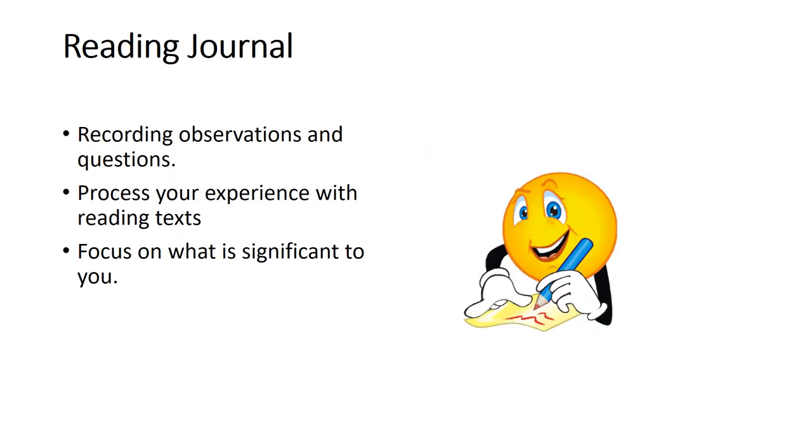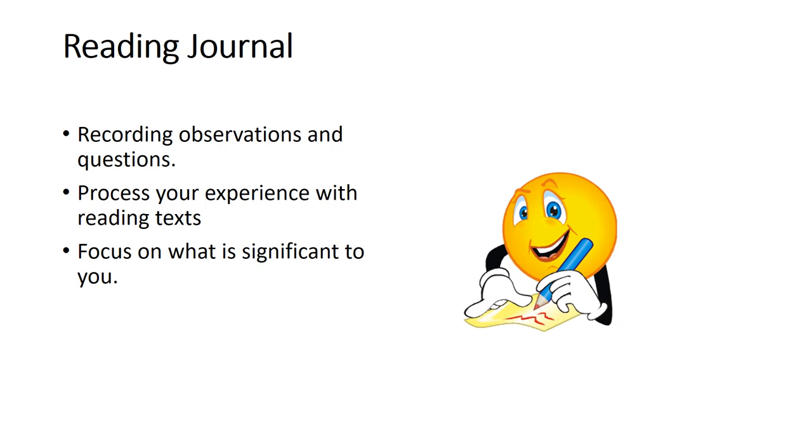Now, I was telling you about recording, and I was telling you about keeping a reading journal. What do I mean by reading journal? A reading journal is a technique that you use to actually record observations and questions. It's helpful because it helps you remember and engage with the text.